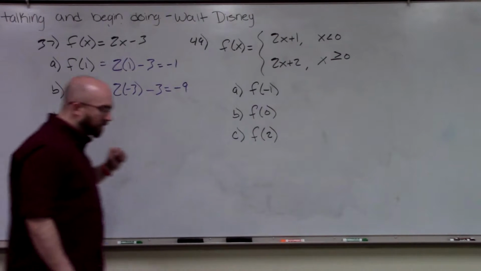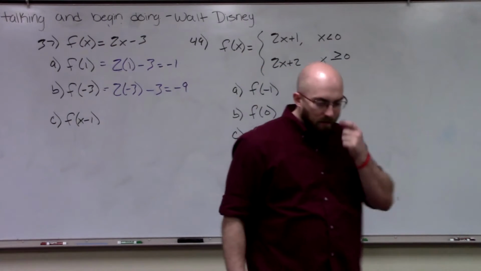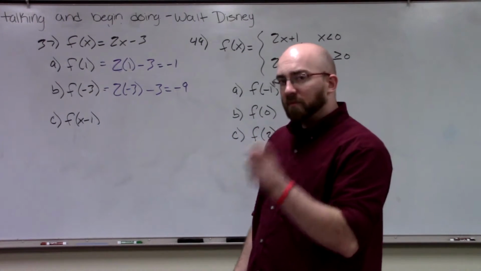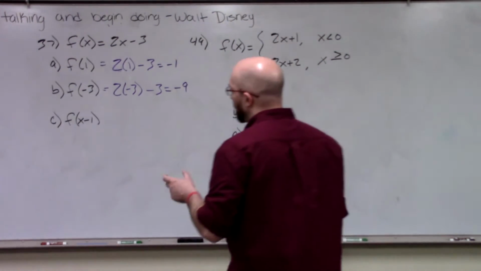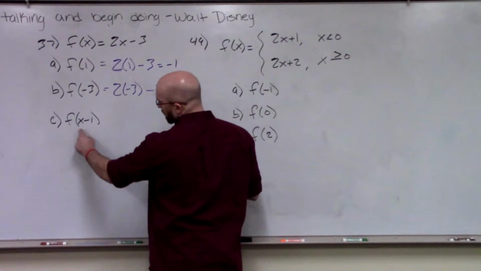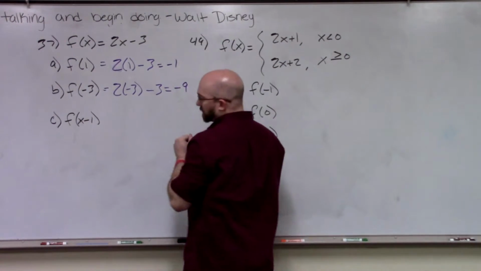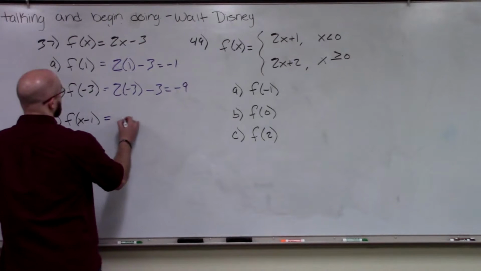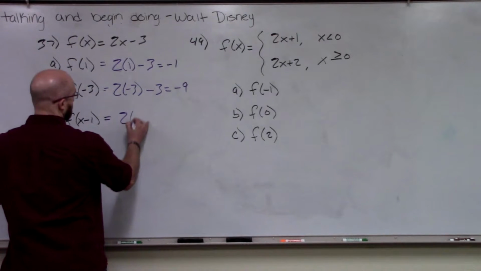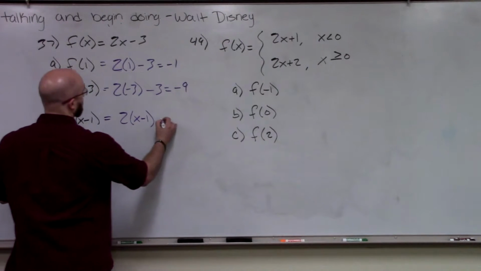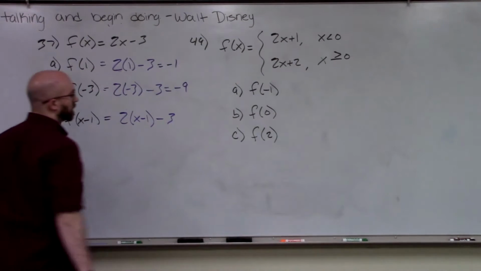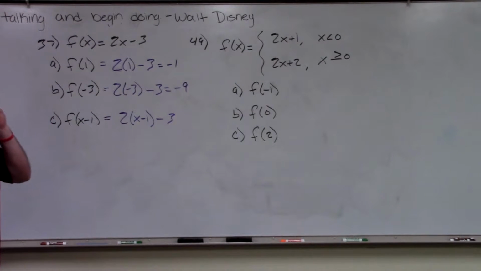Now, this is a complicated one, where it gets a little bit complicated. It's f of x minus 1. So wherever I have an x, I'm plugging this entire thing into that x. So it's going to look like this. Something like that, okay?